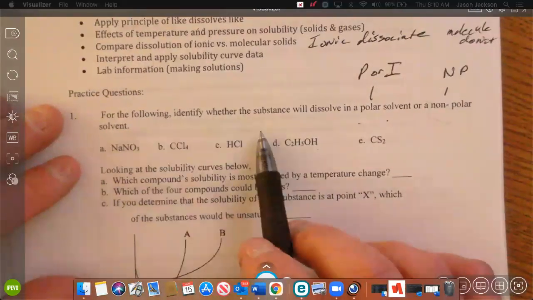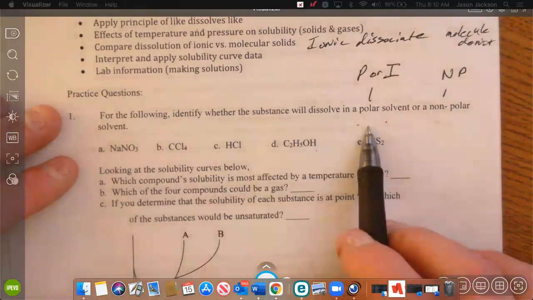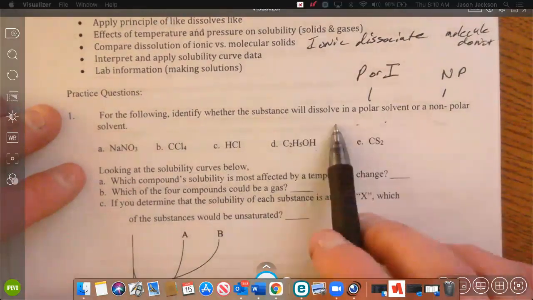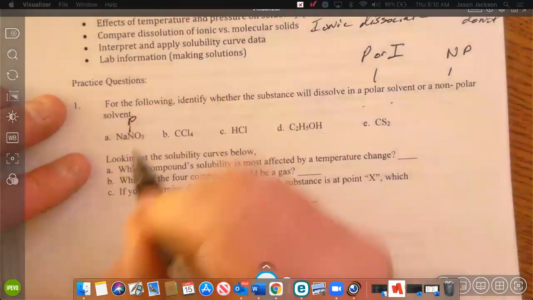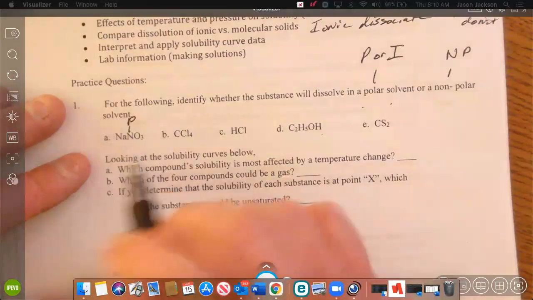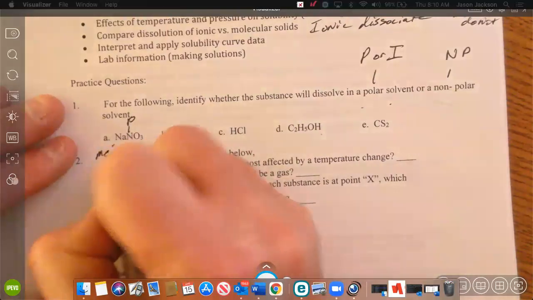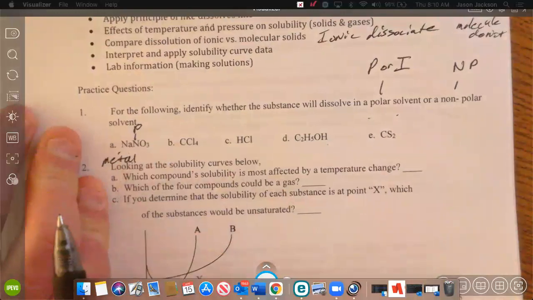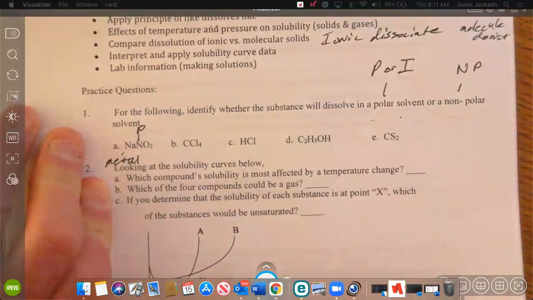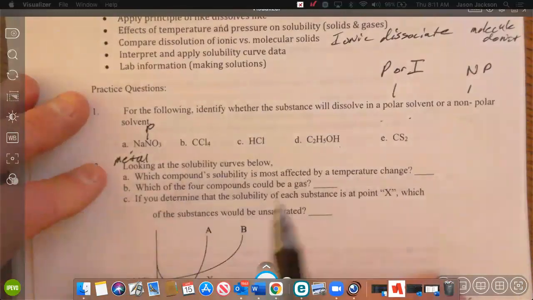For the following, identify whether the substance will dissolve in a polar or non-polar solvent. This is ionic. It starts with a metal. So we know that that will dissolve in polar for sure. Carbon is not a metal.